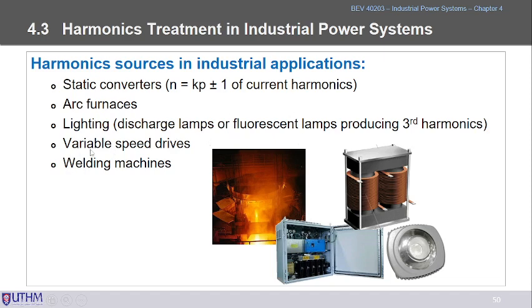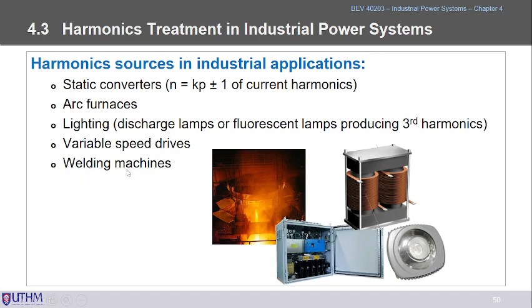Another one, no doubt, is the harmonic content from our variable speed drives. No matter whether you vary your frequency or vary the voltage directly, you will have to use a converter. Once you use the converter, you will have the switching elements, and with that it will provide harmonic content in our industrial power systems.